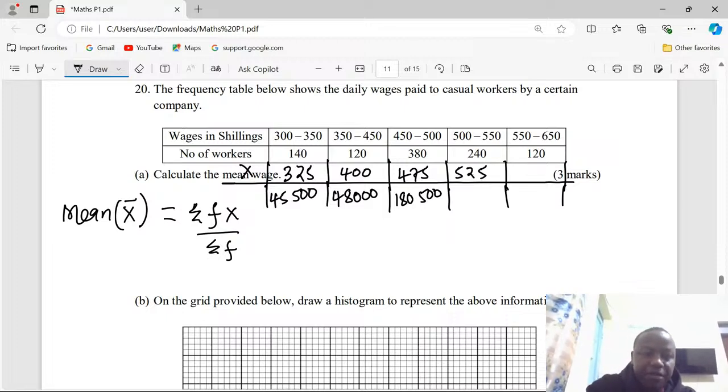Then by a frequency of 240, this will give us 126,000. Then 550 plus 650 divided by 2, a midpoint of 600. Then we multiply this by 120 to give us 72,000. So these are the values of f multiplied by x.